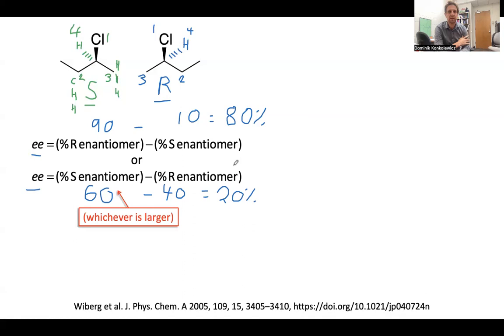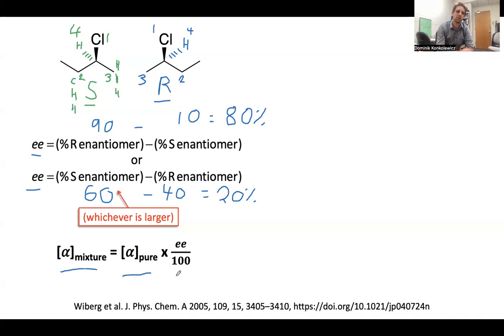How does this relate to the observed rotation, how much that light rotates compared to what you would expect for 100% of the pure enantiomer? And the formula we're going to use is that the rotation observed for a mixture is the rotation we would expect for the pure enantiomer multiplied by its enantiomeric excess.